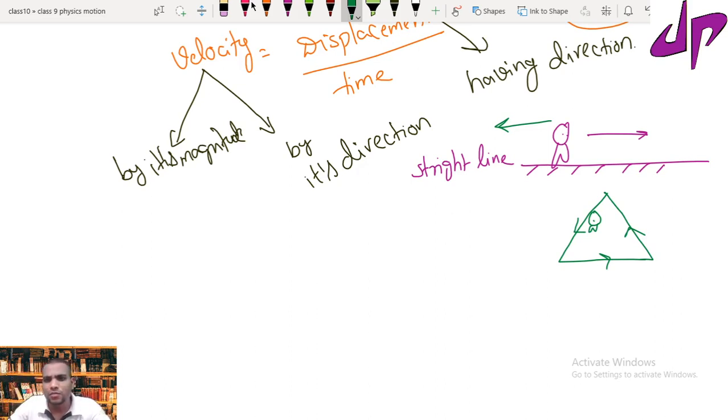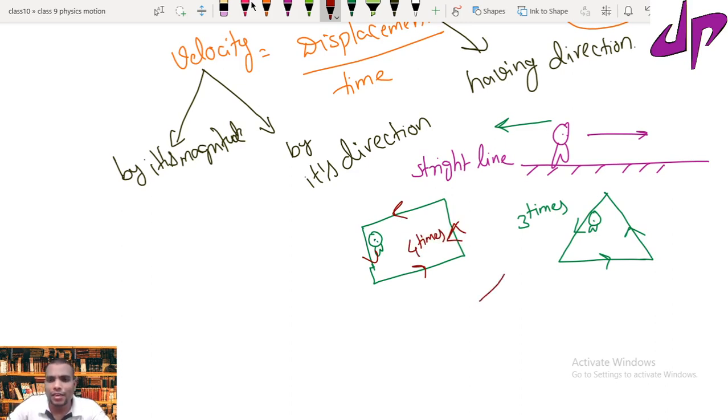I need to change 3 times. Instead of a triangle, if I take a square or rectangle and move inside this track, how many times do I need to change direction to complete one round? I need to change 4 times.